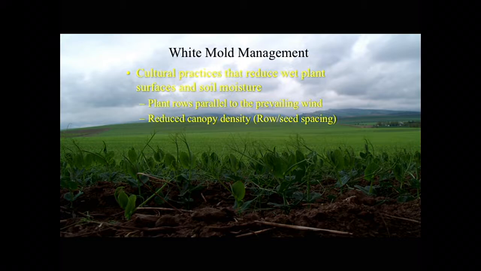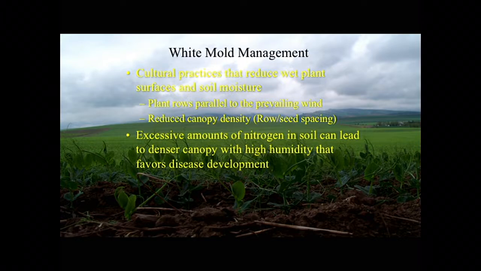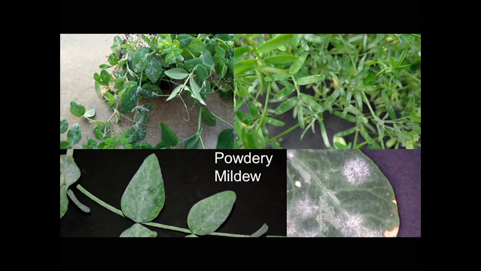If white mold is an extreme problem in your area, then you can play around with row and seed spacing to try to get more aeration and air running through your canopy. Also, excessive amounts of nitrogen in soil can lead to denser canopy, which increases the humidity and favors disease development by the white mold pathogen.